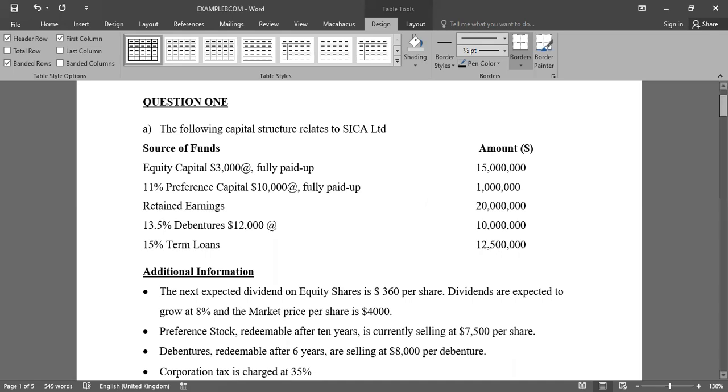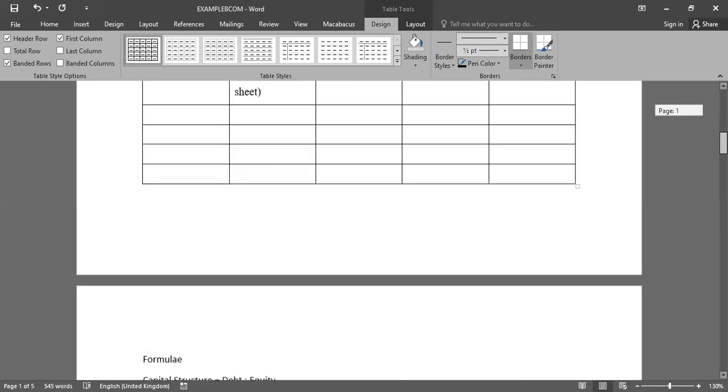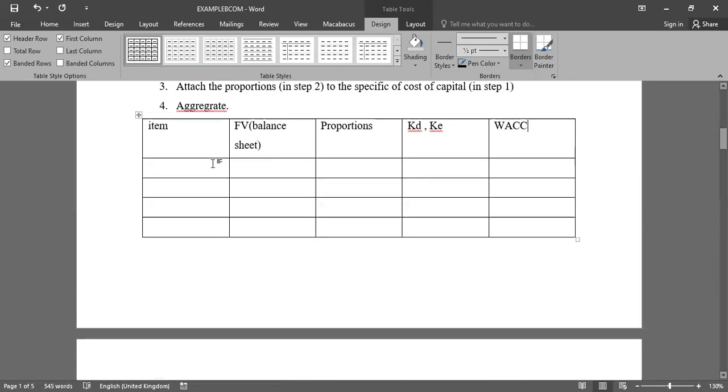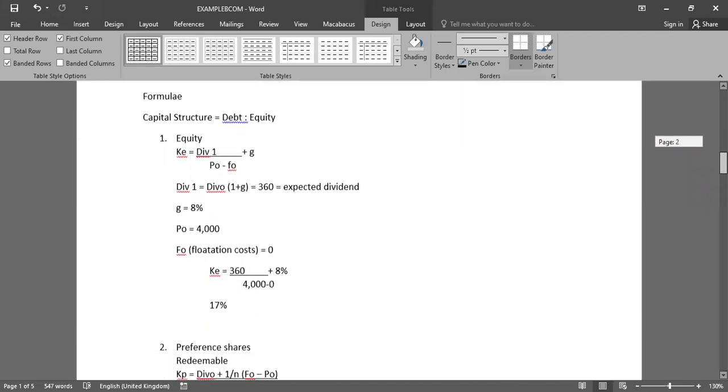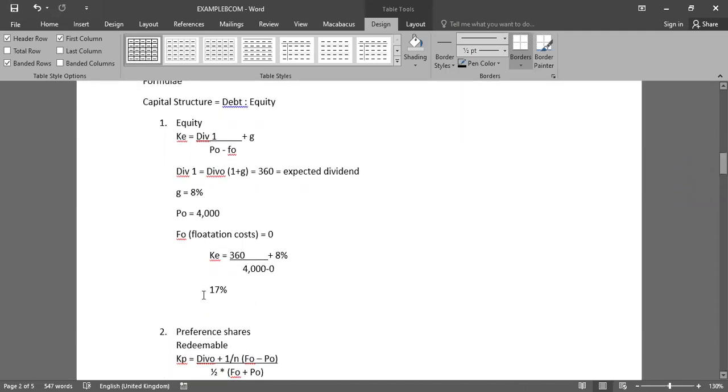So cost of equity, the first line is equity capital. By doing this, you're not doing anything, you're just trying to be organized. So you bring the face value. This is going to help us get step 2. Otherwise, step 1, we already have it, which is the cost of capital. For equity, we got it as 17%.